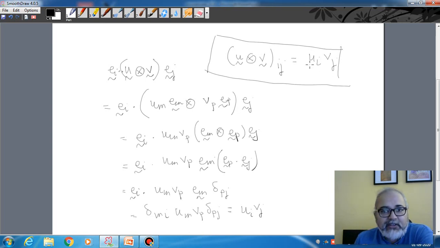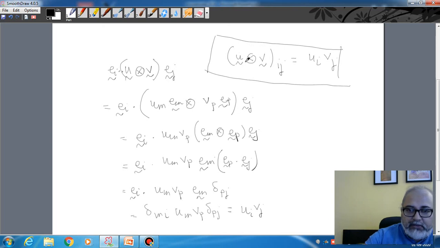This is not a scalar. There's no summation here; this is not repeated. If it were repeated, it would become like a dot product. That's not the case. So it's a set of 9 different numbers representing the components of this second order tensor u dyadic v.